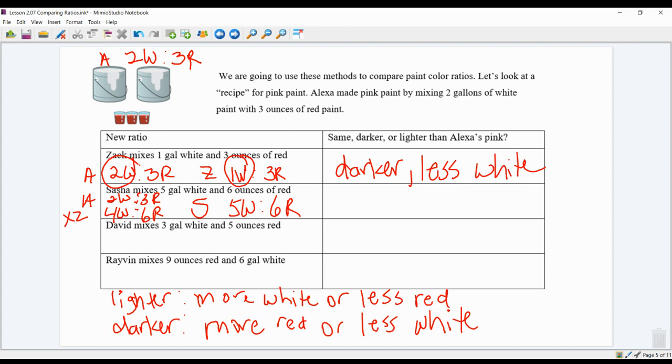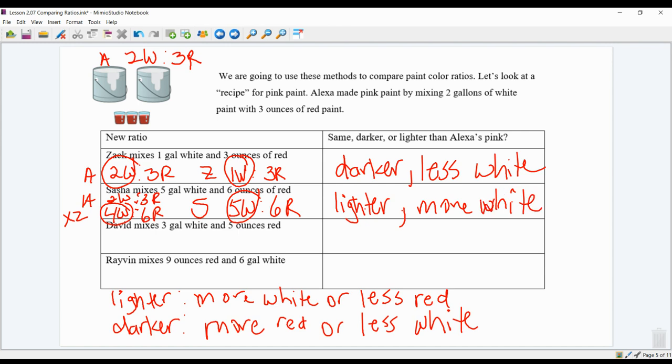Now the red is the same, so now what's different is the white for Sasha. And Sasha has more white, right, which is the lighter color. So this one is going to turn out to be lighter because there's more white. So more white paint makes a lighter shade of pink.